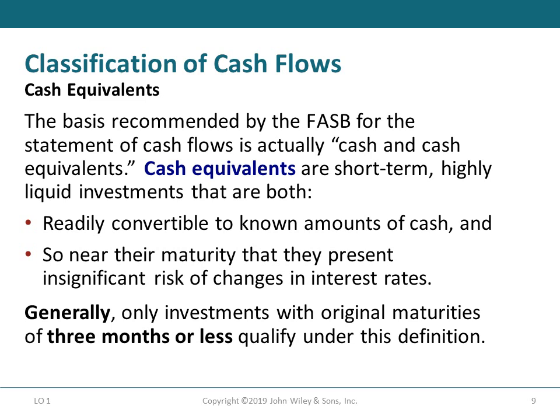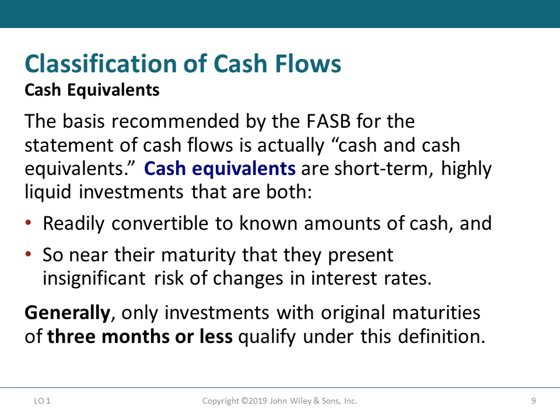Cash equivalents are items like cash. They are short-term, highly liquid investments that have two major criteria. The first one, readily convertible to known amounts of cash, and so near their maturity that they present insignificant risk of changes in interest rate.